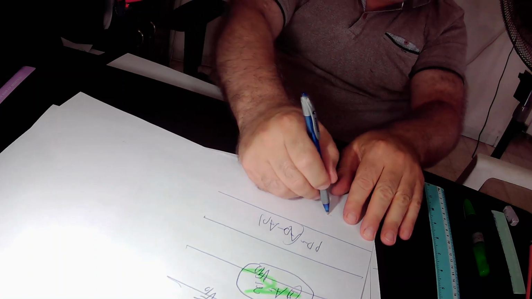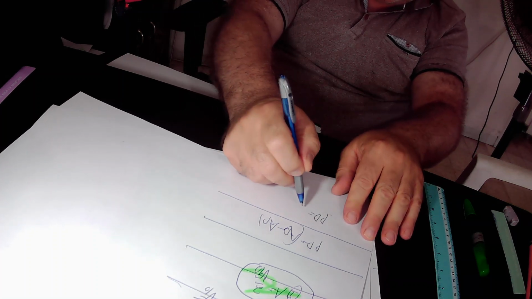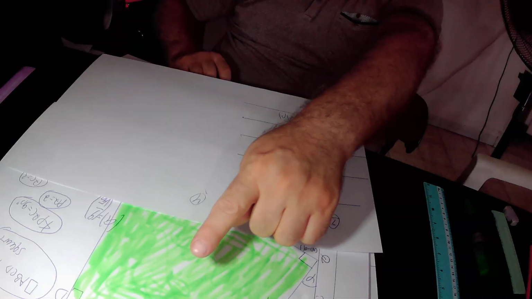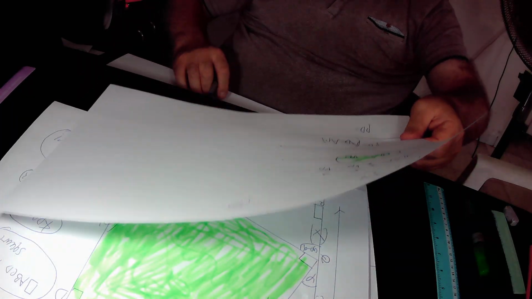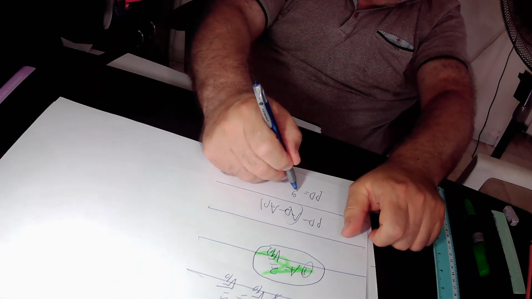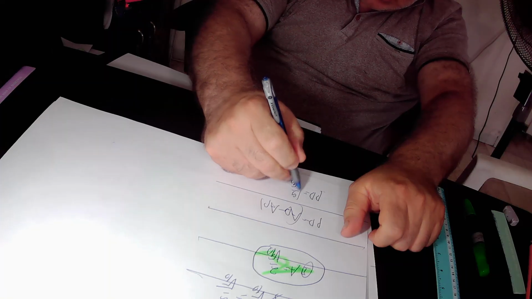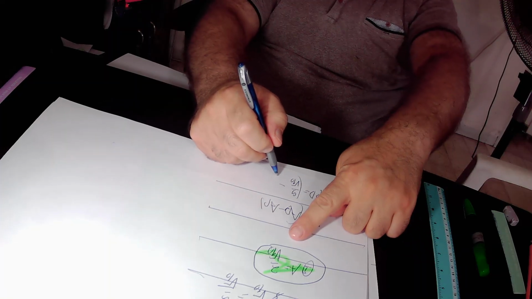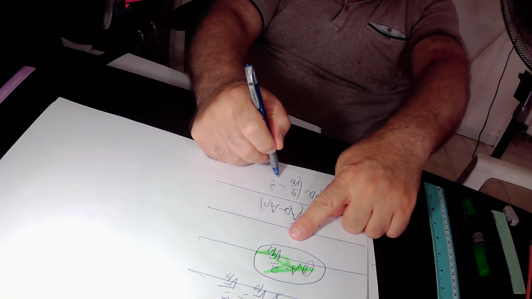So PD equals AD, AD is a, and a equals 9 over square root of 10, minus AP, AP equals 2 over square root of 10.